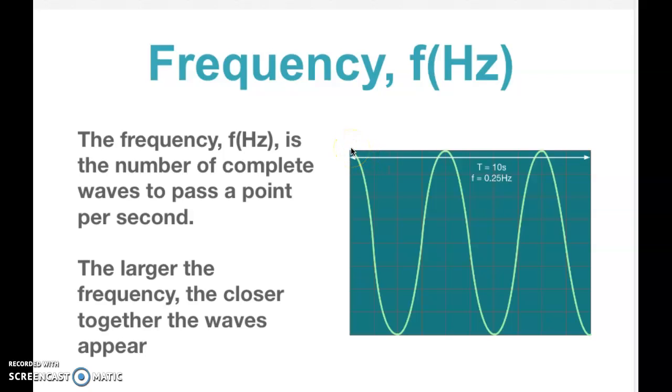So what we can see here is that in 10 seconds, 1 wave, 2 waves, and a half have managed to pass. So they've traveled from here to here. So that's 2.5 waves. It's taken 10 seconds to do that. So in 1 second, 2.5 divided by 10 gives you a frequency of 0.25 Hertz.